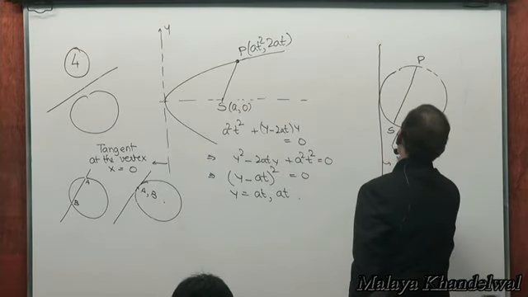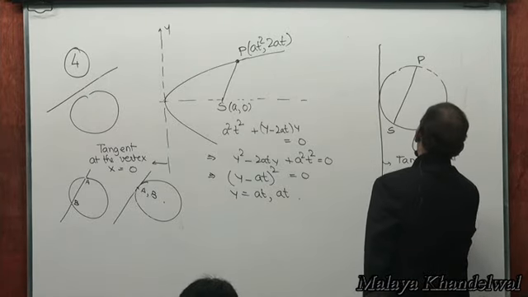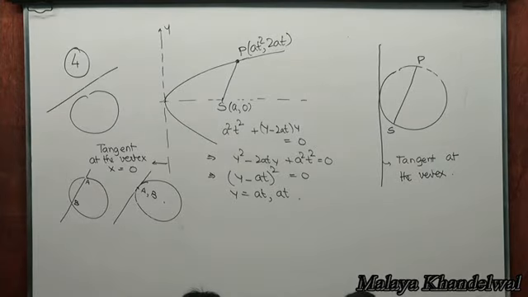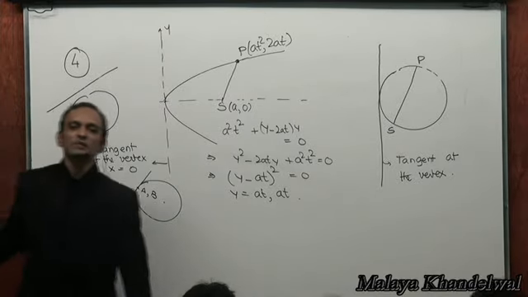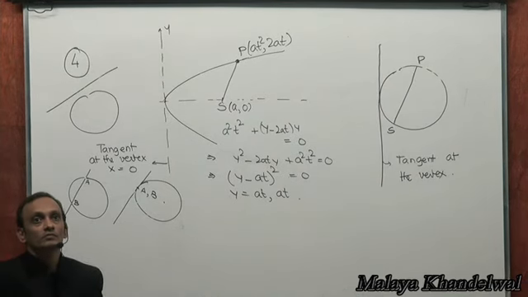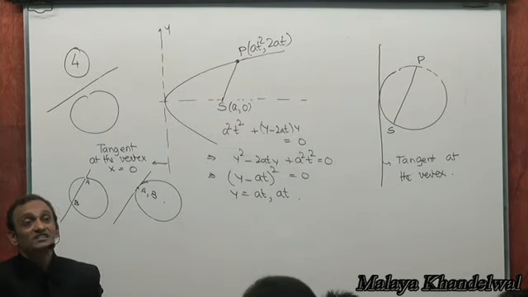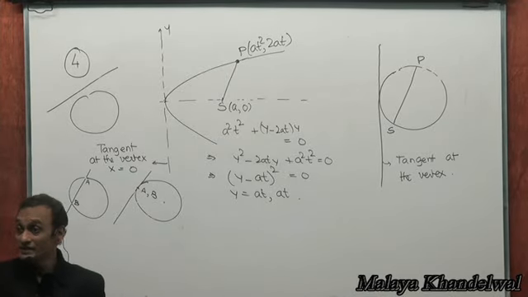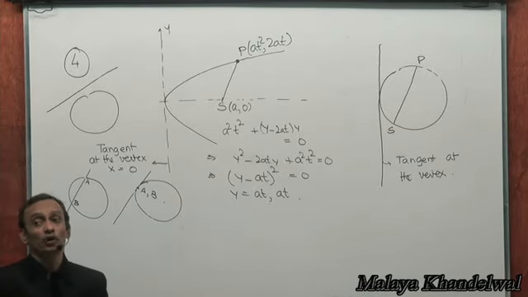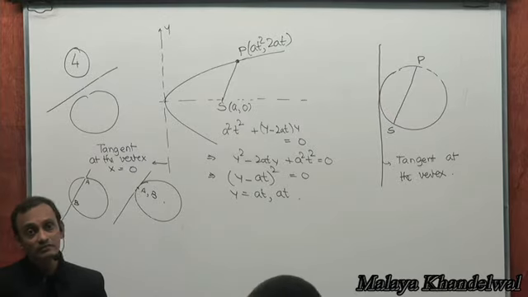Just write down: a circle drawn with a focal radius as the diameter must touch the tangent drawn at the vertex of the parabola. This is about tangency.